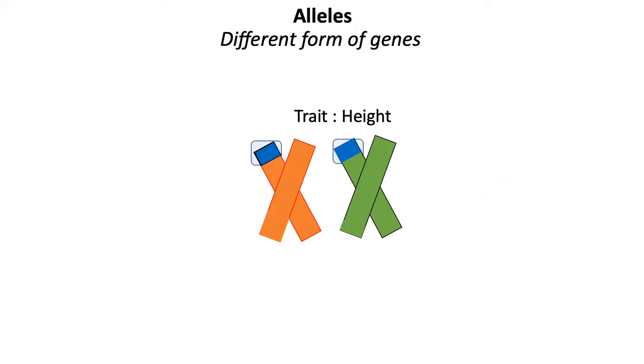We can also have one capital T and one lowercase t as a gene set. So the individual capital T, that is a single gene, is nothing but the allele. The alternative form, either dominant or recessive, is called an allele. In other words, one single capital T or one single lowercase t is an allele.